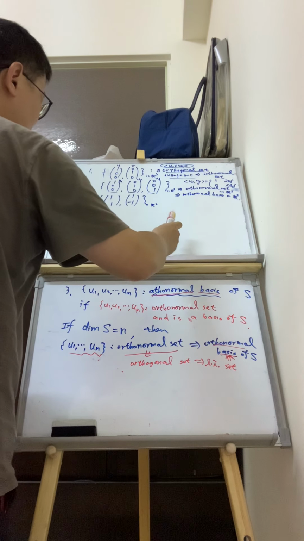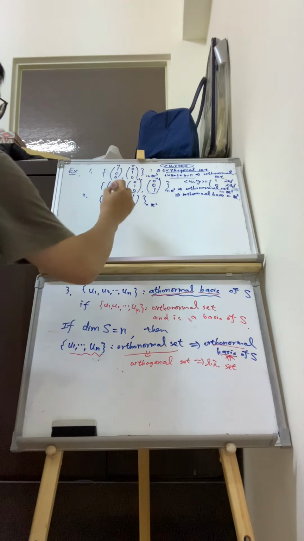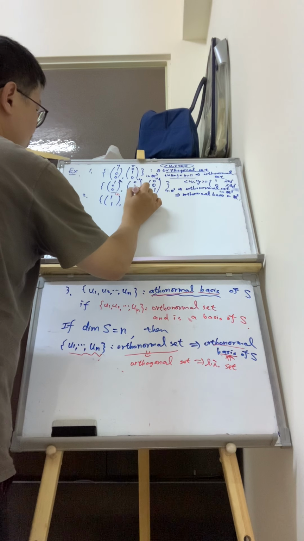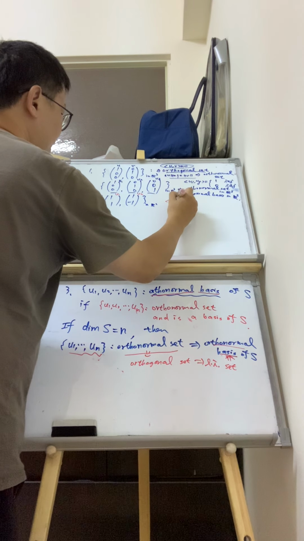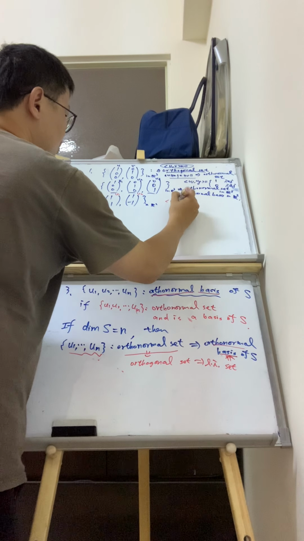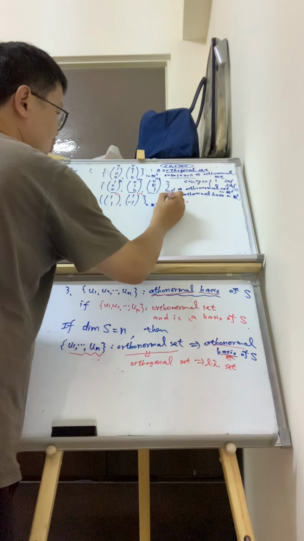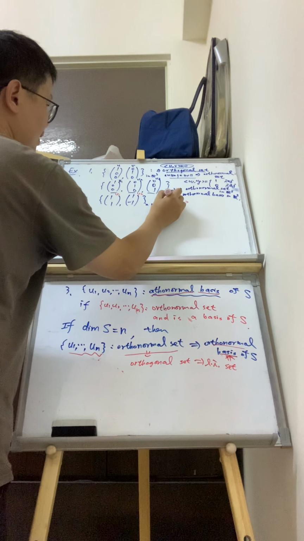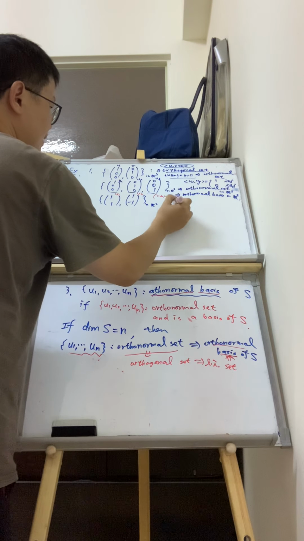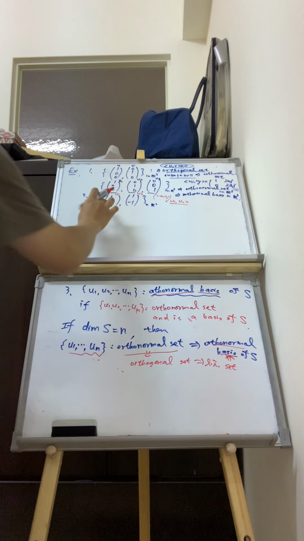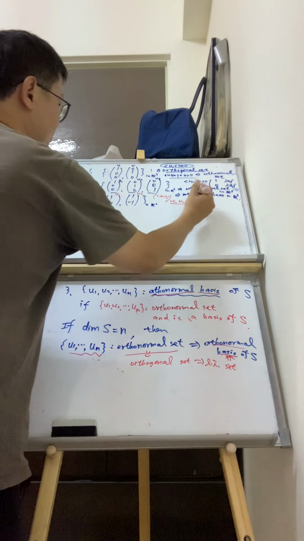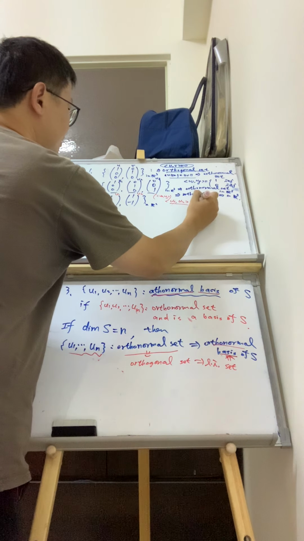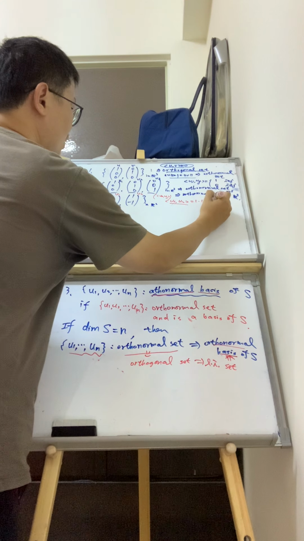First of all, we can check whether they are orthogonal or not. So it's our u1, u2. We check their inner product. The inner product of u1, u2 is equal to that of u2, u1, right? And here, the inner product of u1, u2 equals 1 times 1 plus 1 times -1.